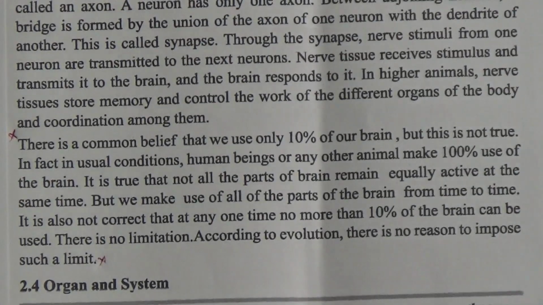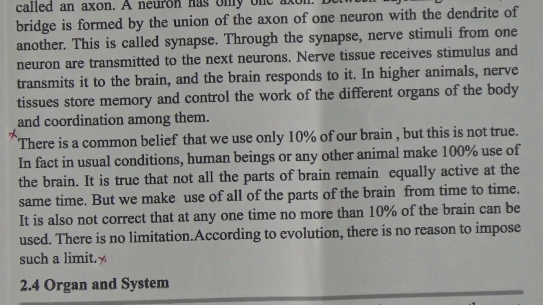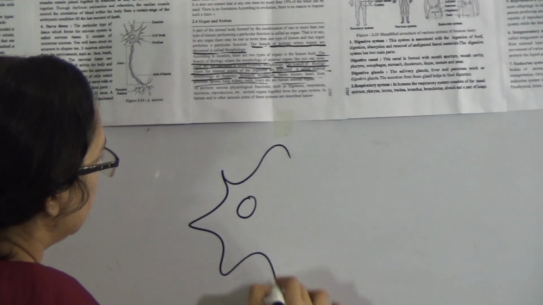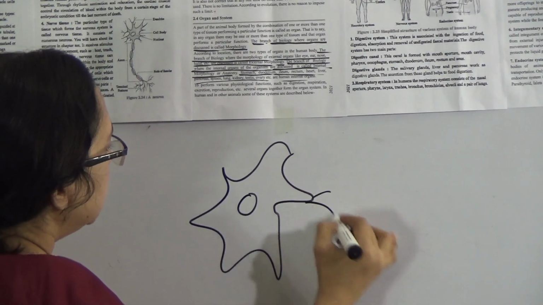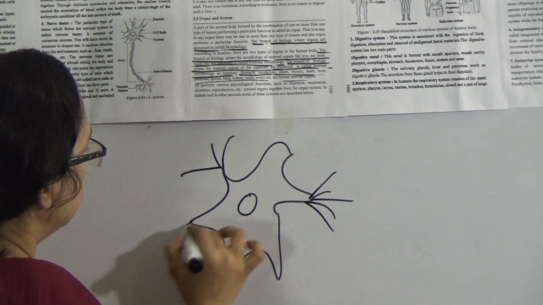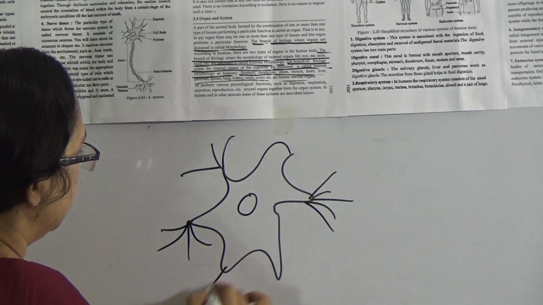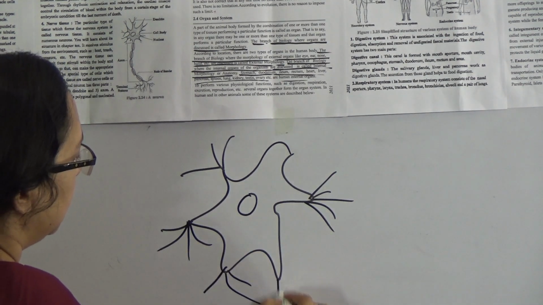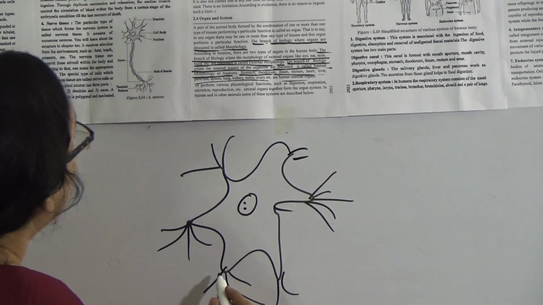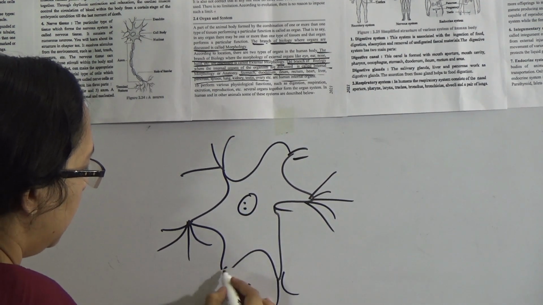We see here the dendrite of a neuron. We call it dendrite. And this is the nucleus. Then an axon is created from here.